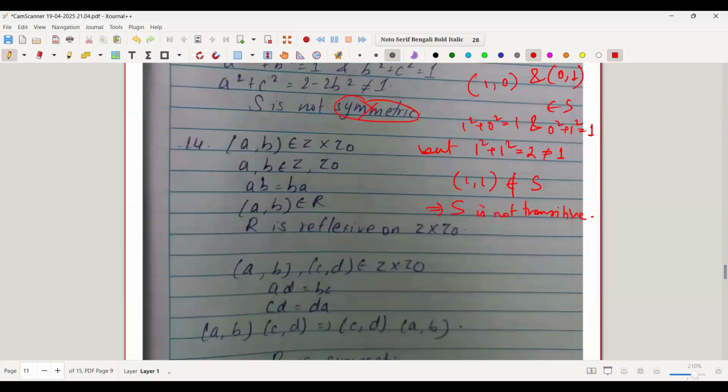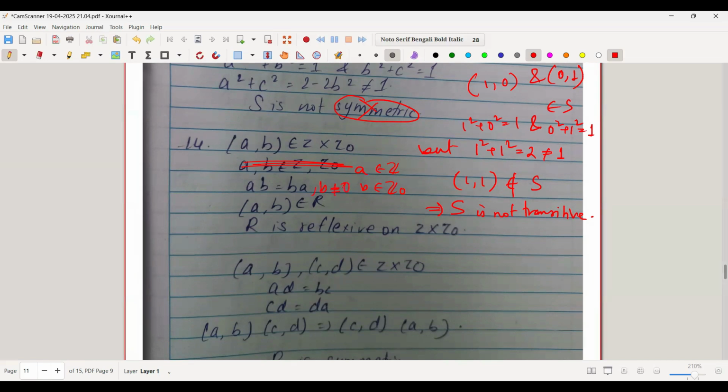So (a, b) belongs to Z cross Z0. It is not correct. a belongs to Z, b belongs to Z0, and ab equal to ba, b not equal to 0.